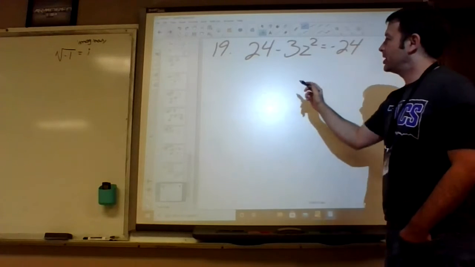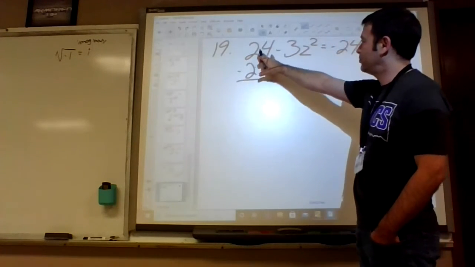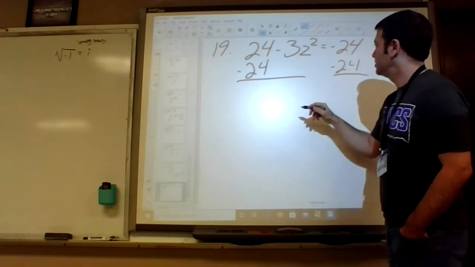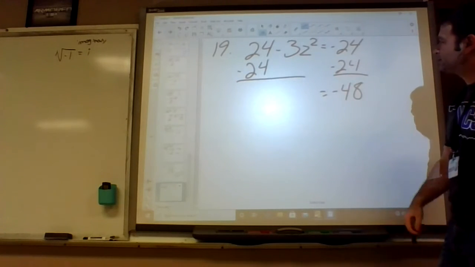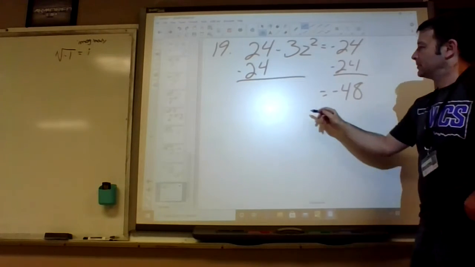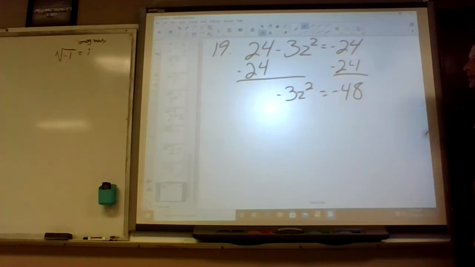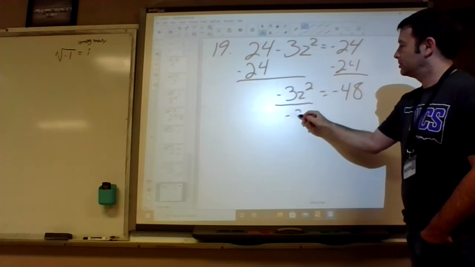Minus 24, yeah. Get rid of the added value. This is like 24 plus negative 3z squared. So take away 24. So this is actually negative 48, not 0. We have negative 3z squared left on the left side. Now what? Divide by negative 3.